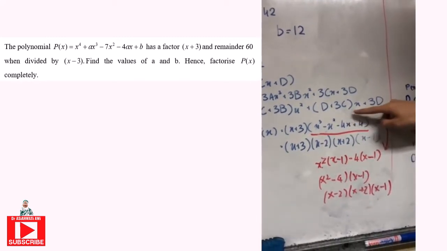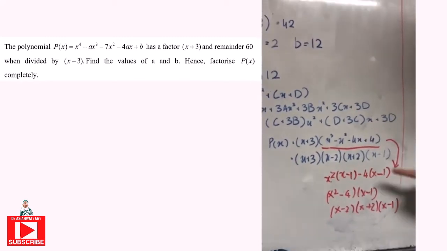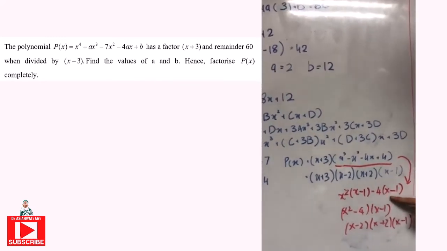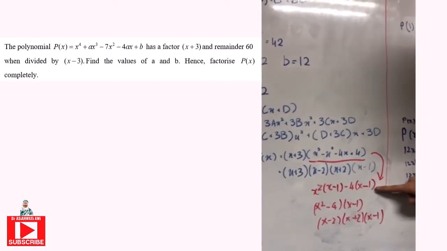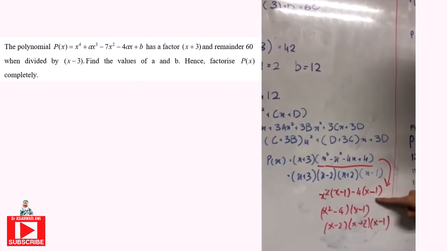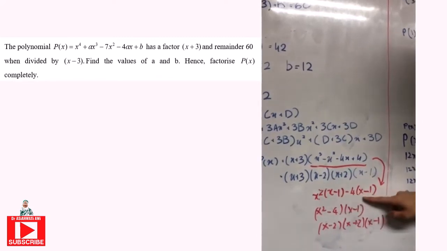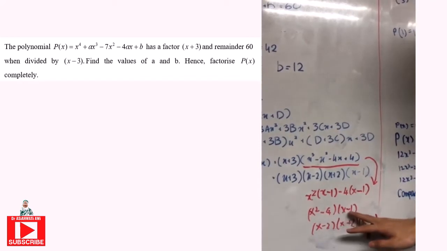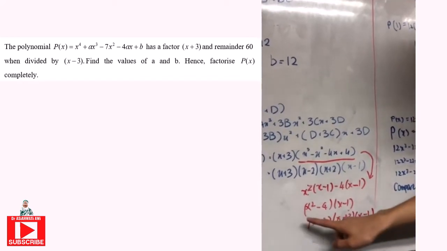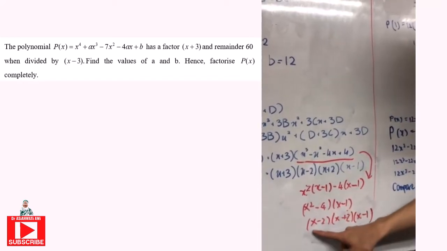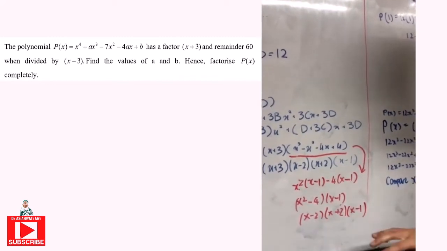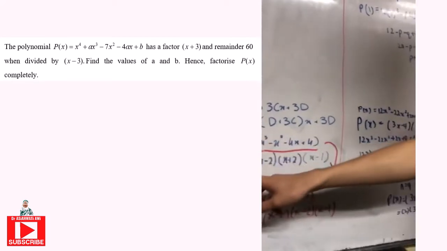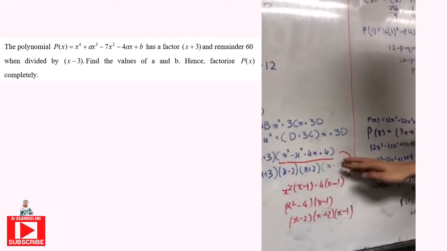For the last two terms, we factorize out negative 4, so we get negative 4 times (x minus 1). Because x minus 1 is a common factor, we factorize it out and we get (x squared minus 4)(x minus 1). Then we factorize x squared minus 4 into (x plus 2)(x minus 2). And (x minus 1). So the final answer is this one.